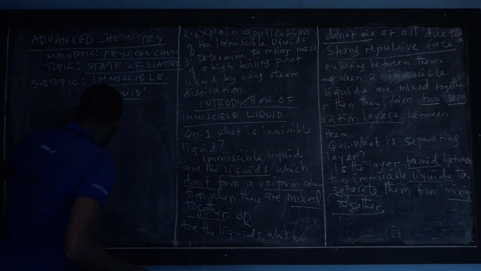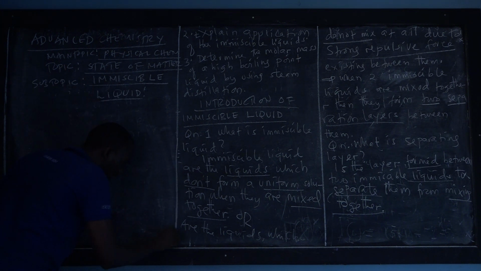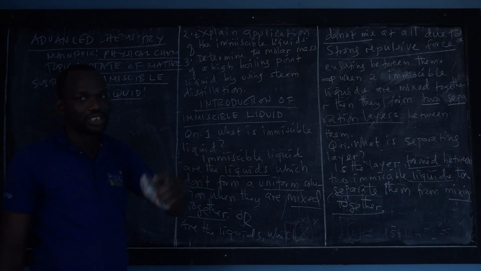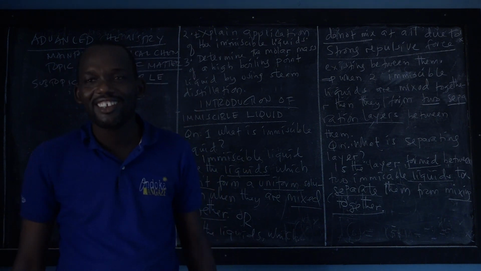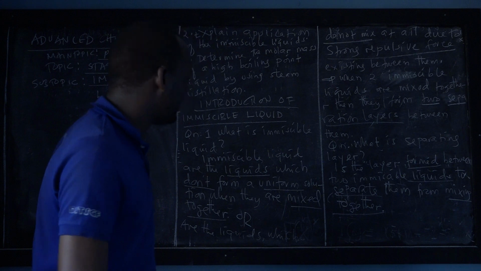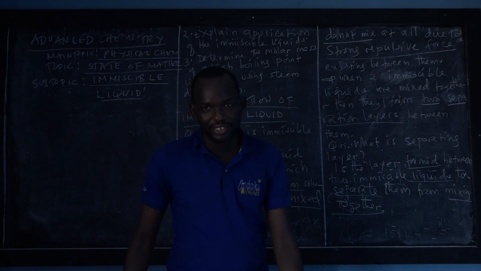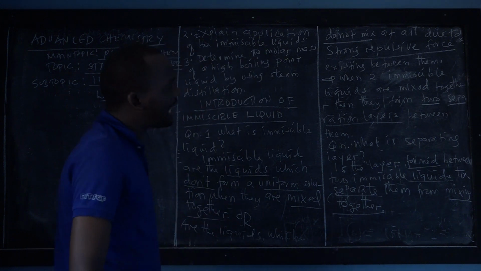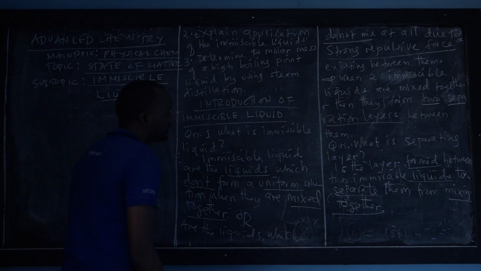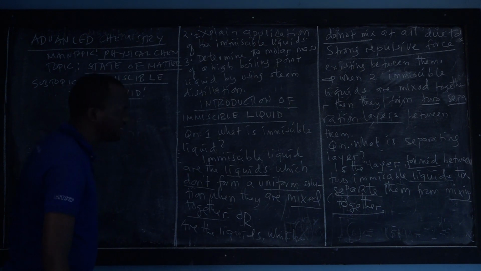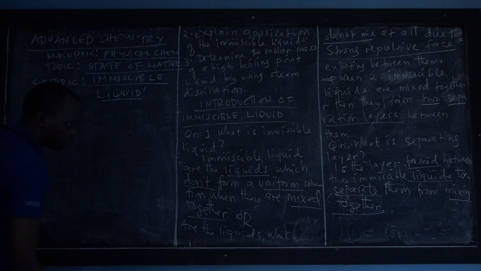Now let us go to examples of immiscible liquids. You know the definition, what immiscible liquid means. Congratulations for that. And you know the meaning of the separating layer which exists between immiscible liquids. So you are approaching an understanding of immiscible liquids for the rest of your life.